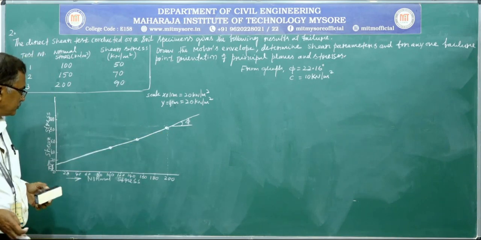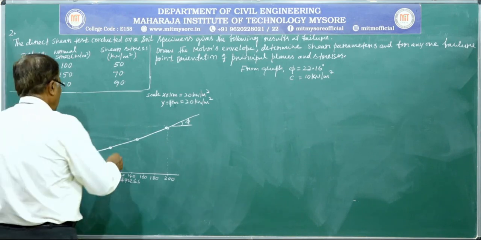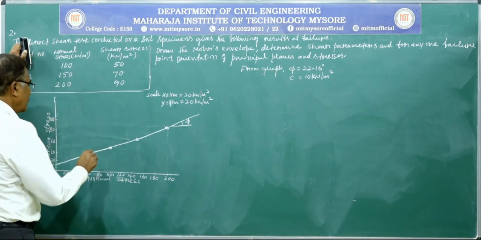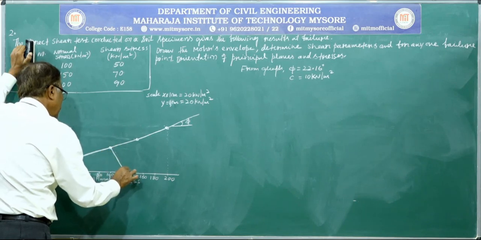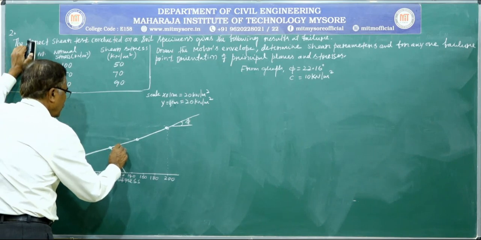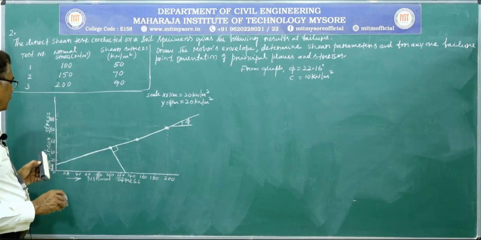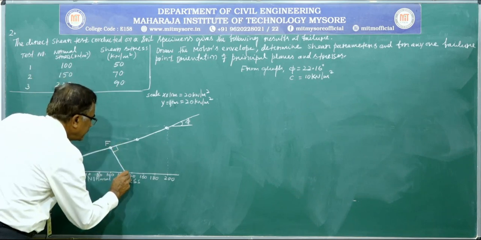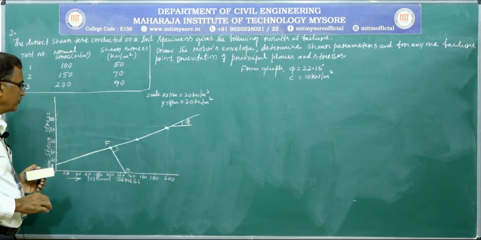So now, draw a perpendicular line to this envelope to meet the abscissa. Let us call this point F and call this point O. So O is the center of the Mohr circle.